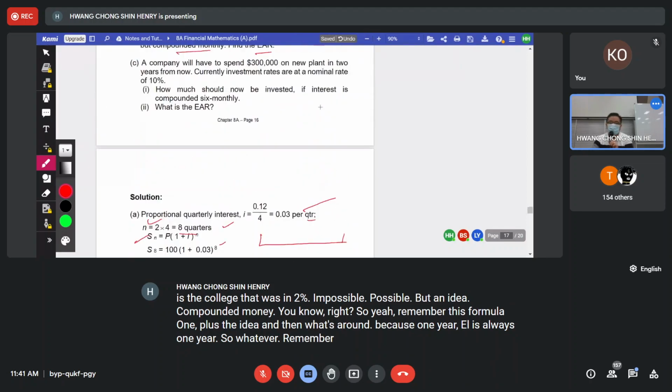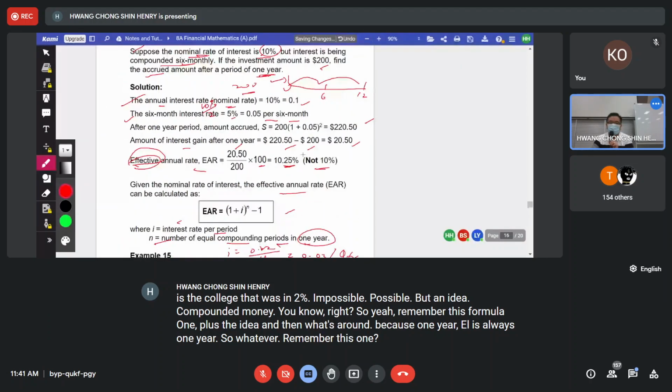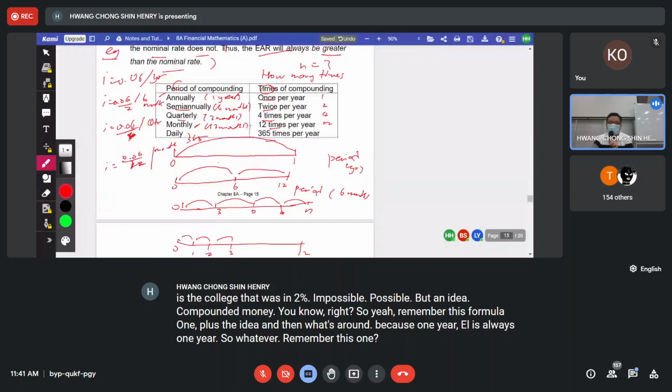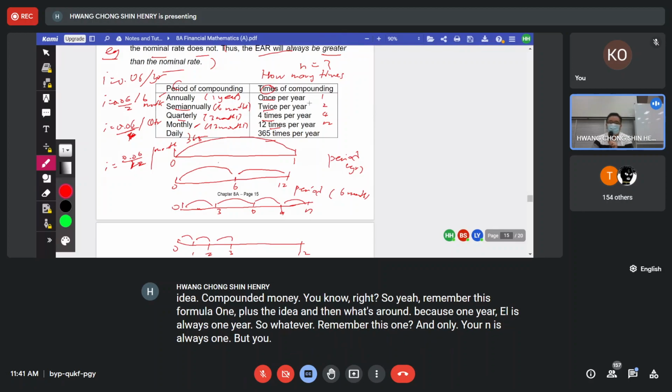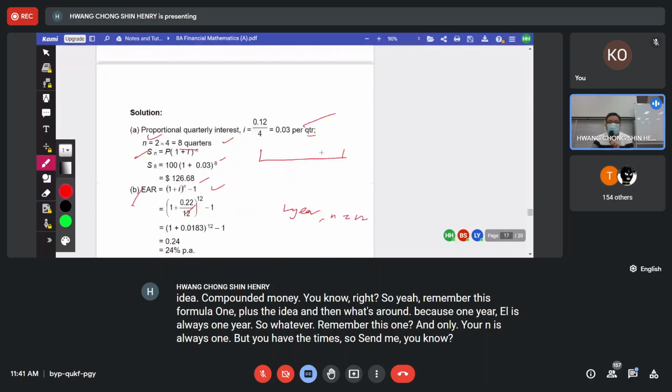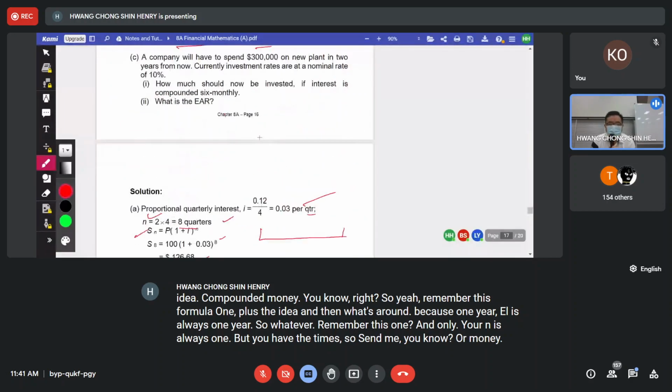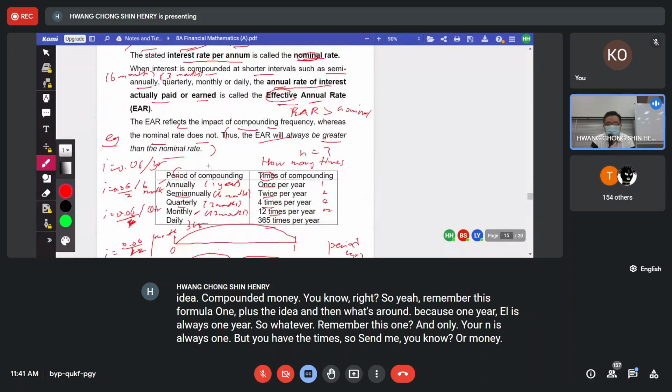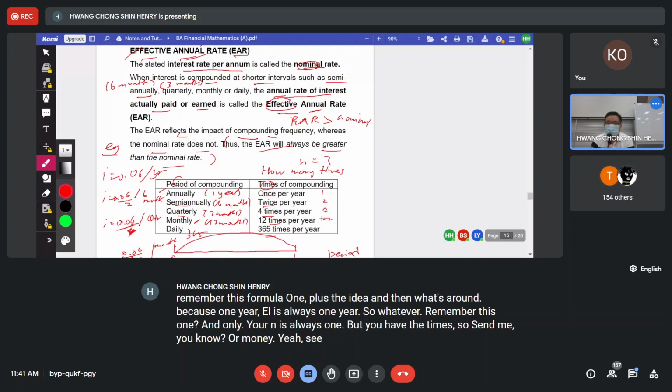Remember this one? Annually, your N is always 1, but you have to times. Semi-annual, right? Here monthly, divided by 12, so times 12. Here 12, 12 times per year.